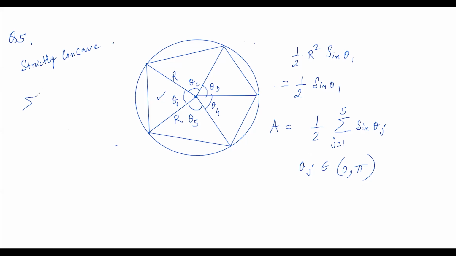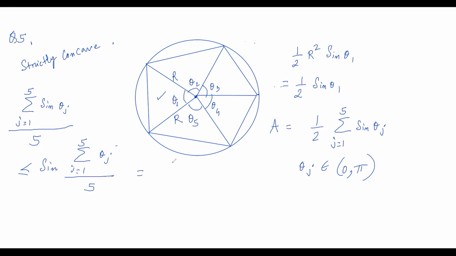So the summation j going from 1 to 5 of sine theta j, divided by 5, is less than or equal to sine of the summation j going from 1 to 5 of theta j over 5.